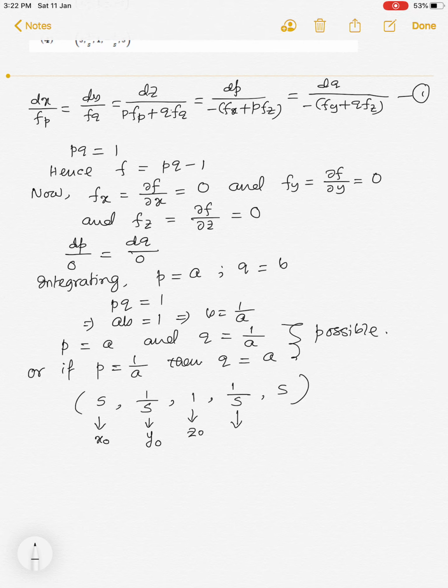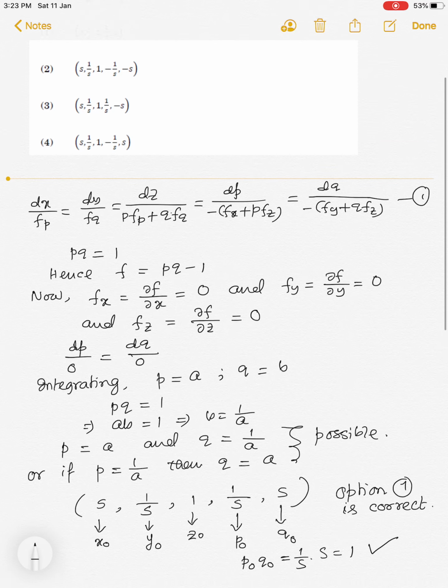Now this is for p0 and this is for q0. Since p0 into q0 is equal to 1 by s into s, this is equal to 1, hence option 1 is correct.